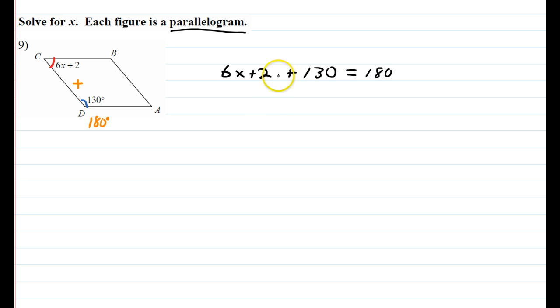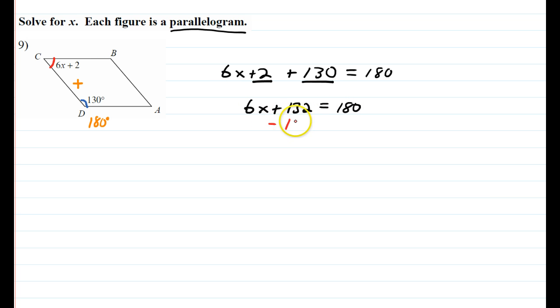Before we move something to the other side, it's always best to clean up what's on the same side. So you want to take the 2 plus 130, and you get 6x plus 132 is equal to 180.